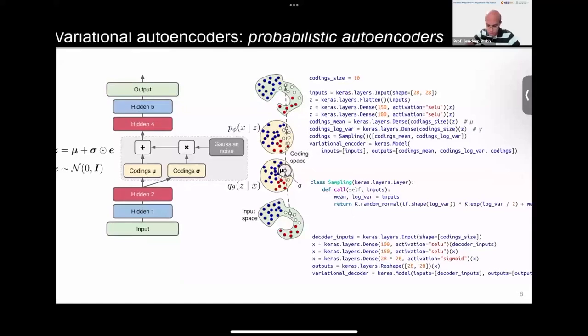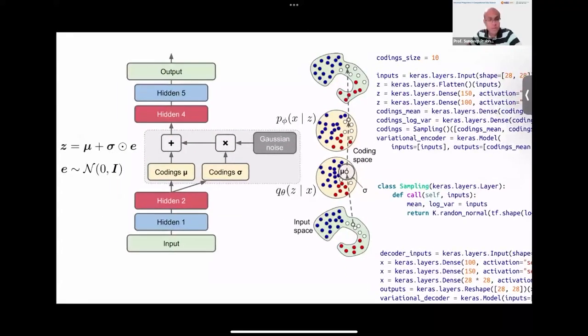Okay, so you have an input data and the output, right? Now, the output of the hidden layer where you want to get codings, what you're basically doing is that instead of generating the latent attribute, we would like to generate a random vector.